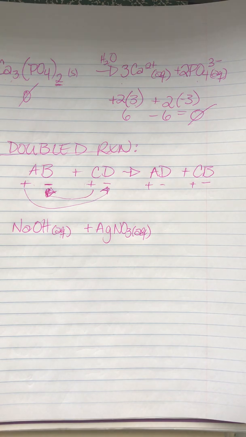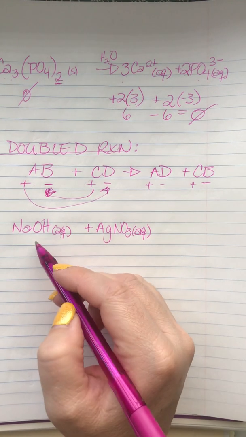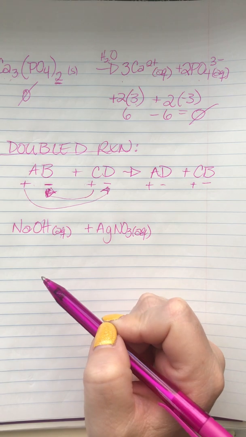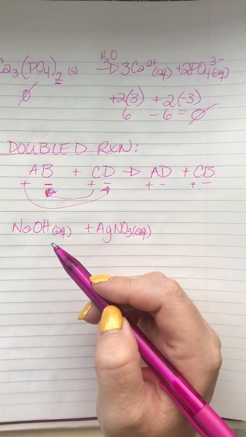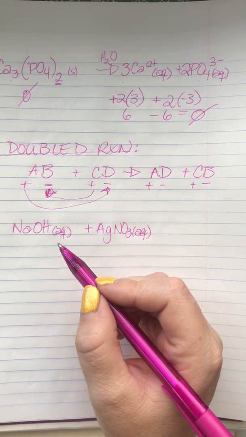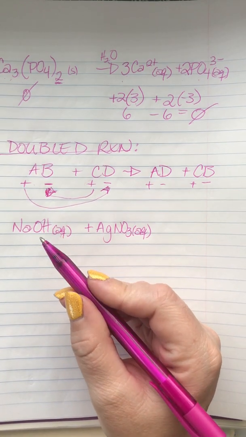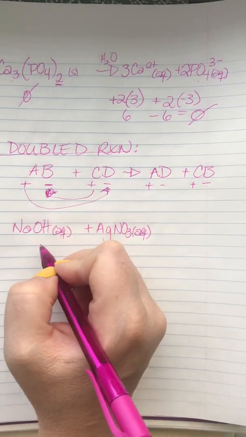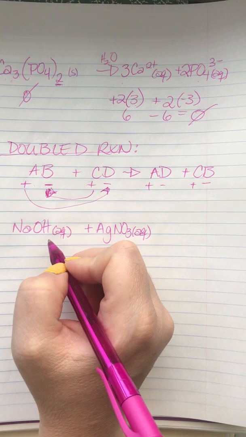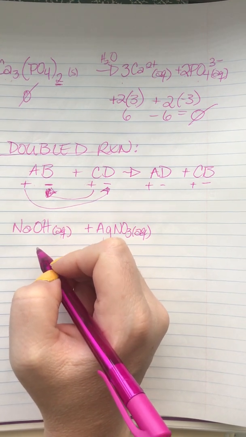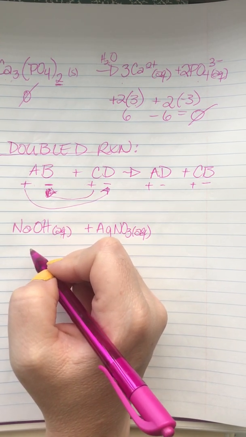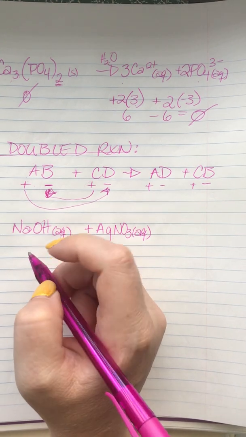Okay, so here, and this may be silly, you guys, but I do this for every double displacement reaction because it really helps me. I write the charges of the ions out below them, okay? I know that that sounds trivial, but it's really easy to hook up the wrong ions, right?